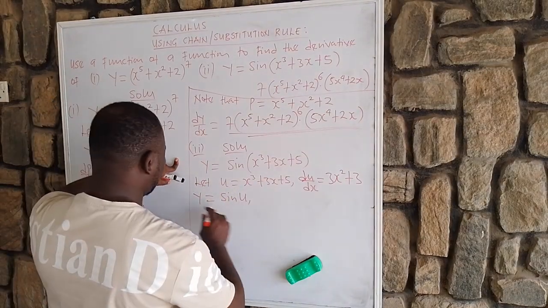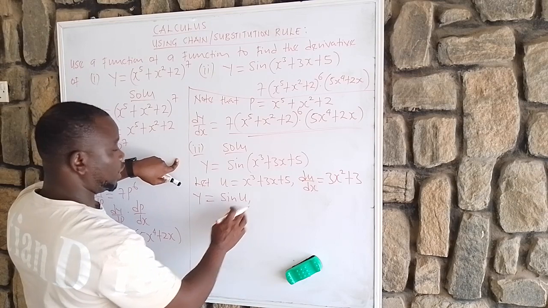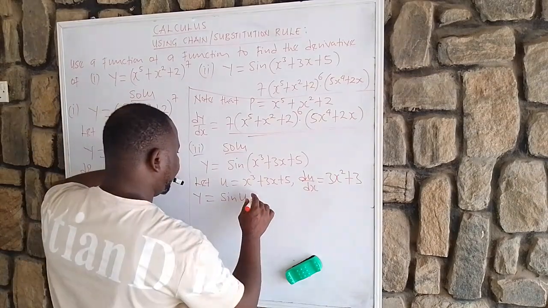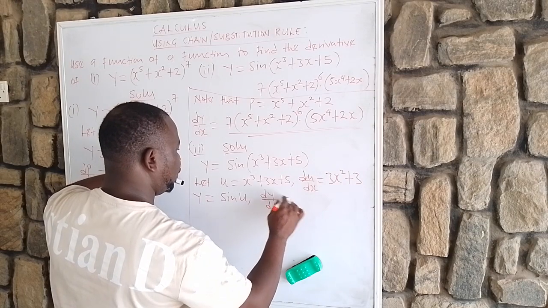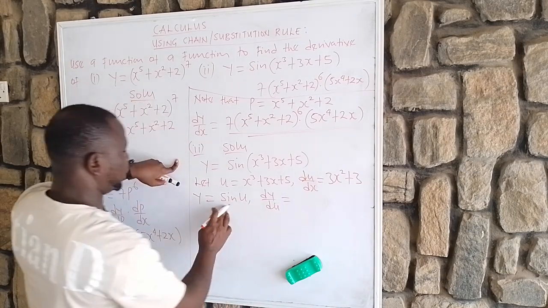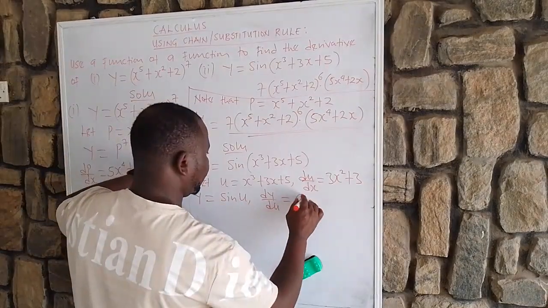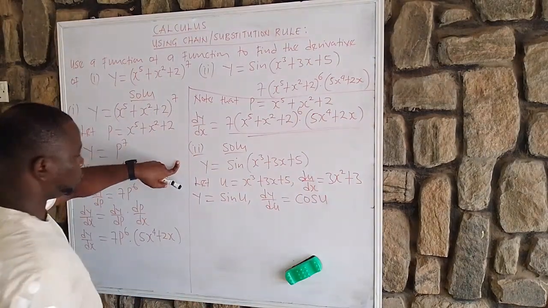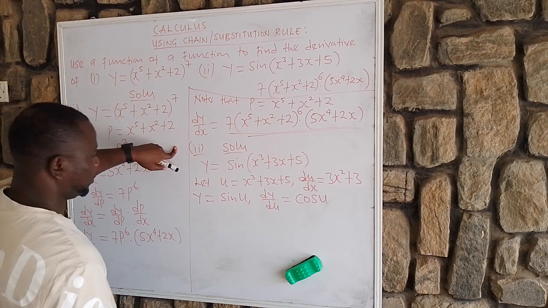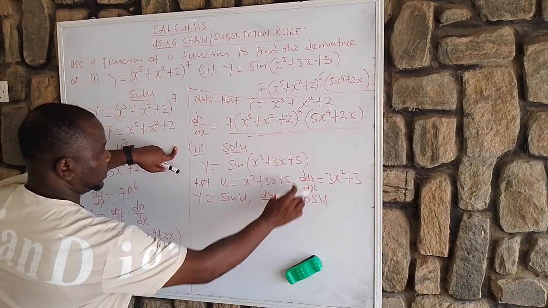Then differentiate this function with respect to u. If you do that, our dy over du will now be equal to, if you differentiate sine u, cos u. So now your chain rule will be the product of this and this.